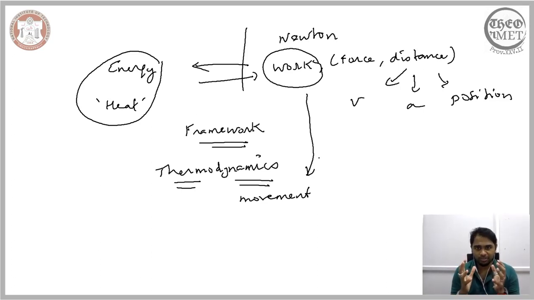In thermodynamics, since there is energy transfer involved, instead of a spherical ball we usually consider a section of this wide universe that is of interest to us. When we considered a spherical ball, we were largely dealing with its movement and its condition, based on its position, acceleration, velocity and other features.